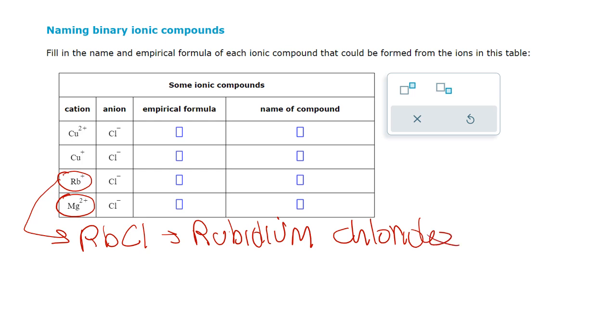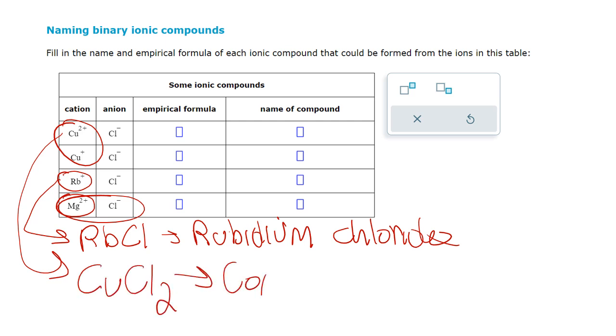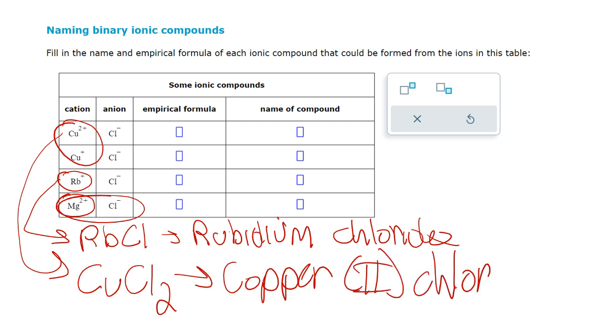Just like magnesium chloride here, but MgCl2. Then copper 2, so this is CuCl2, but then we have to write copper 2 chloride. And then that one, copper 1 chloride.